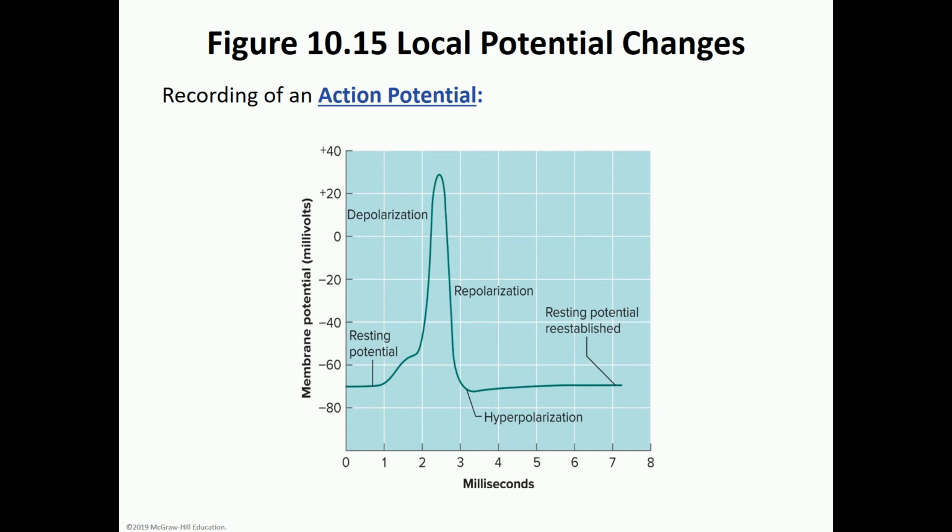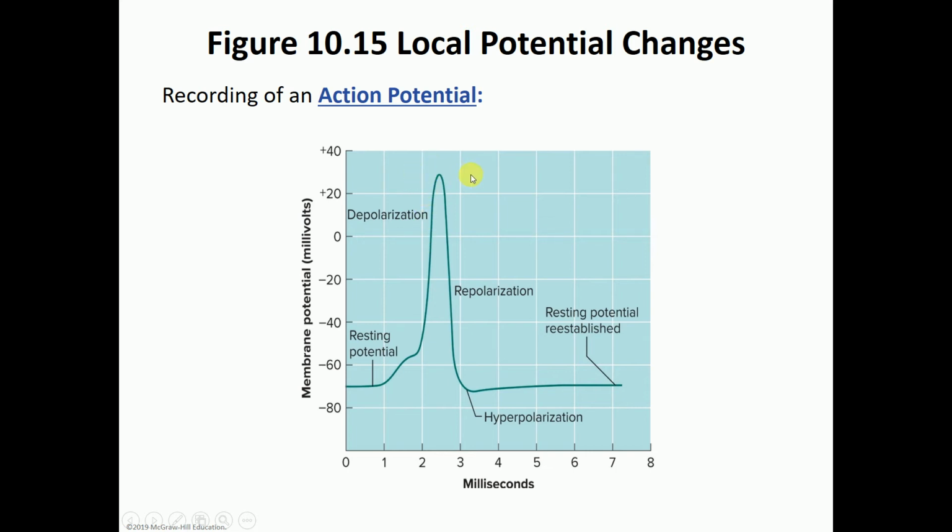So to break this down again, your very first part here, when you stimulate the nerve, you are opening up either mechanically gated or chemically gated sodium channels. Sodium goes into the cell. If the stimulus was strong enough and you opened up enough mechanically or chemically gated sodium channels, and enough sodium goes in, that changes the potential to -55. That is your threshold. At that point, you're going to open voltage-gated sodium channels. Sodium rushes in, leading to depolarization.